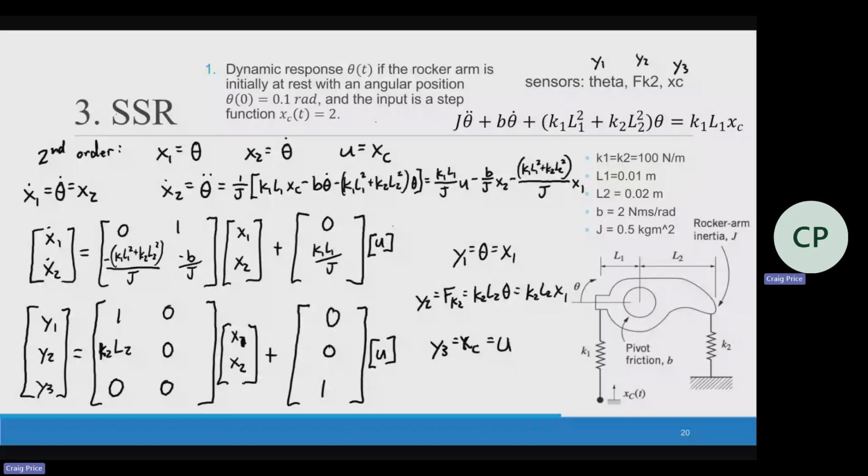So the A matrix, I'm now using those equations. x1 dot is equal to 1 times x2. x2 dot is equal to, well, I've got all of this. I've got this term. This is negative. I have a negative term here. And then lastly, we also have an input term like that. All three of them should be divided by J, moment of inertia.